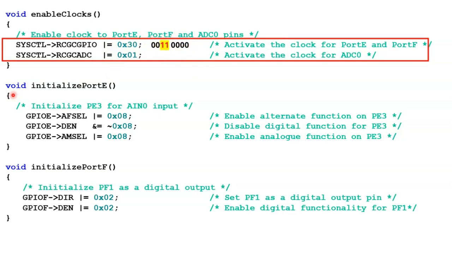Then it assigns the result back to this register. This whole statement basically ensures that bit 4 and bit 5 are set to 1, because we want to activate, or enable, the clock for port E and port F.